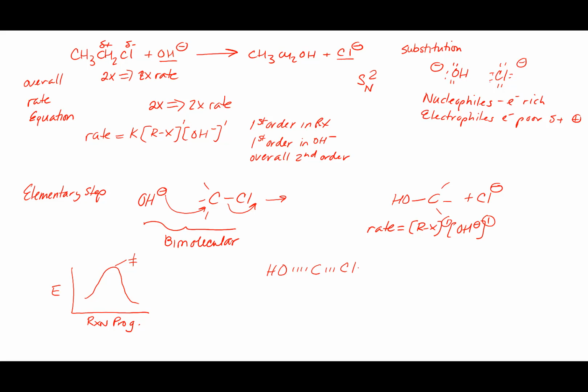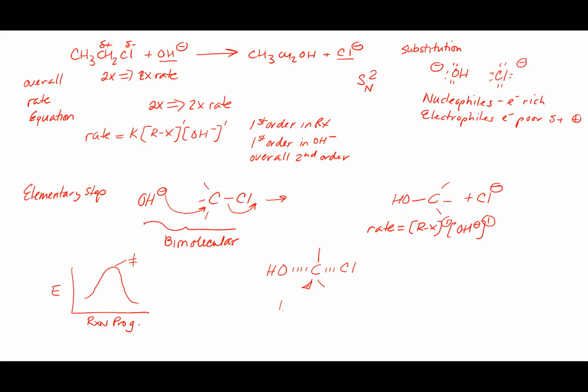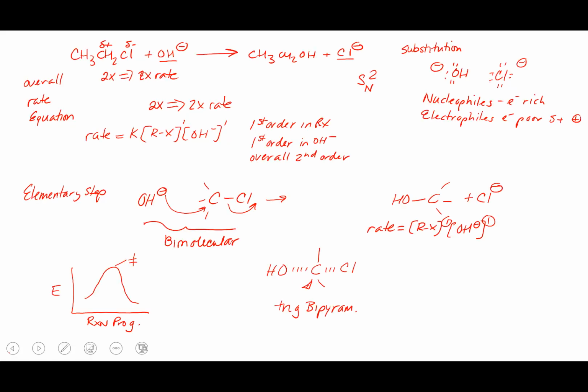And from other evidence that we'll talk about later, the oxygen has to be in line with the chlorine. The other three groups actually make that transition state have a trigonal bipyramidal geometry. So this species is the transition state.